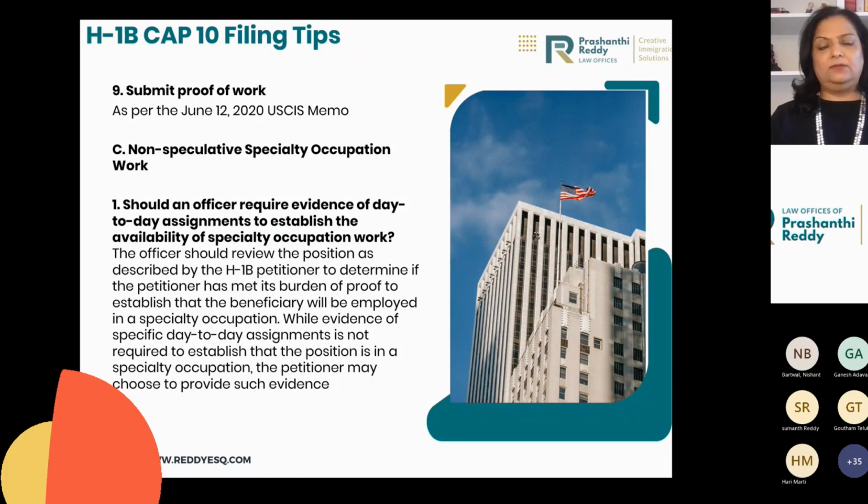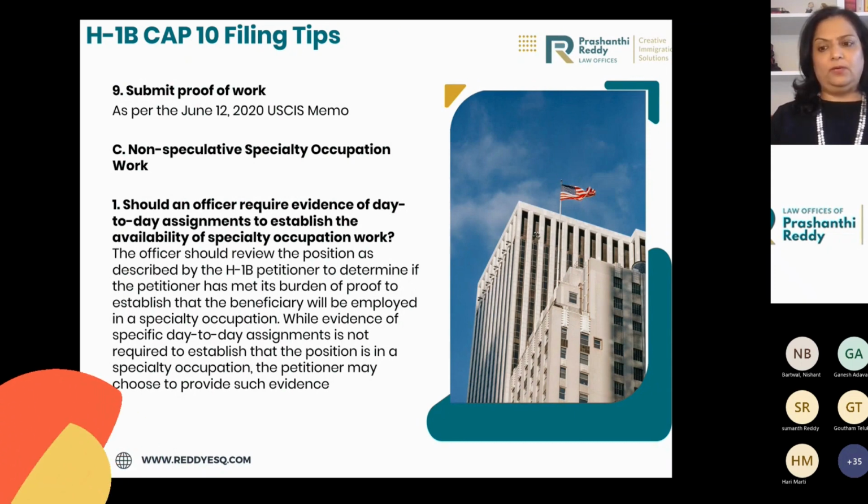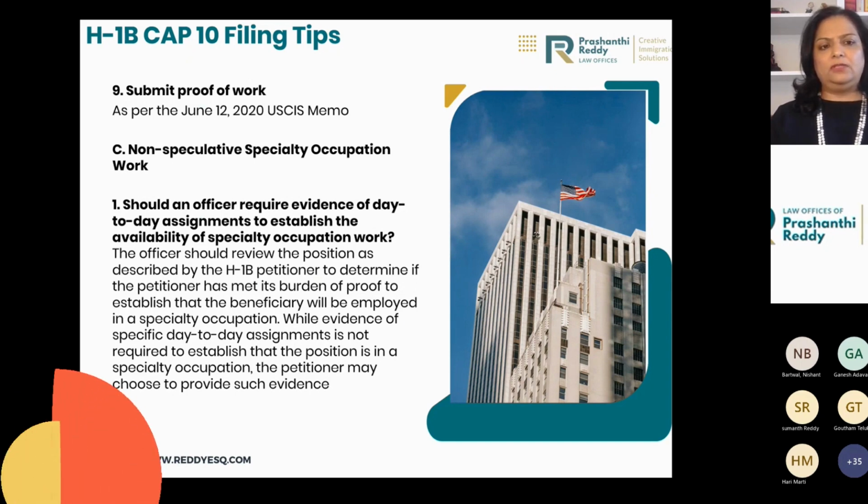But soon after that, USCIS actually issued a memo, June 12th, 2020. There's a USCIS memo, and I've actually quoted the memo word to word. Part C of the memo talks about how you have to have non-speculative specialty occupation work, how you have to show that in order to get your I-129 approved.